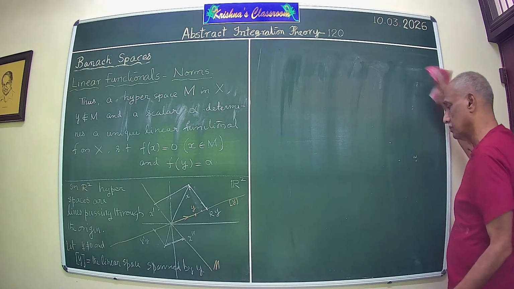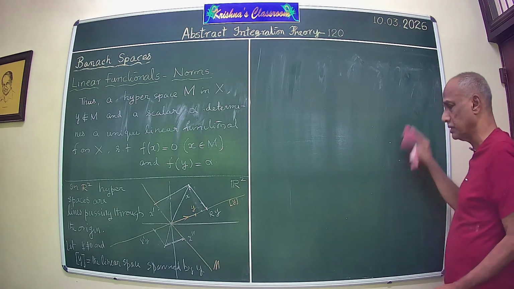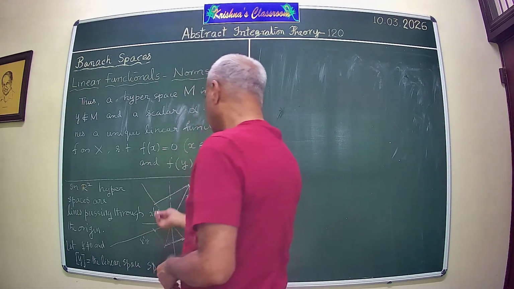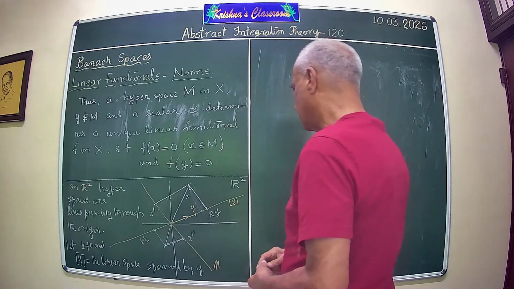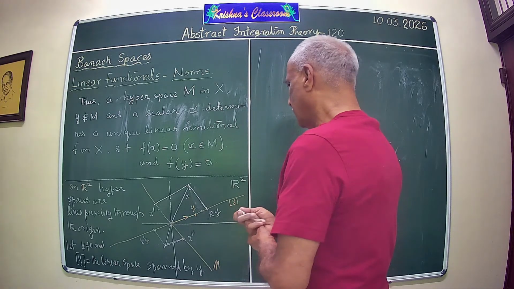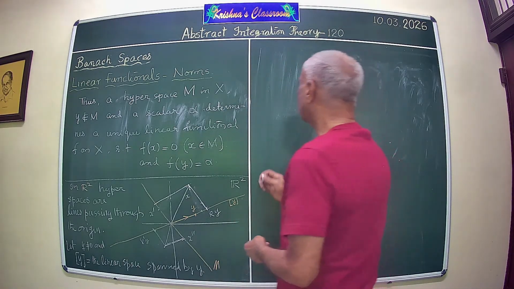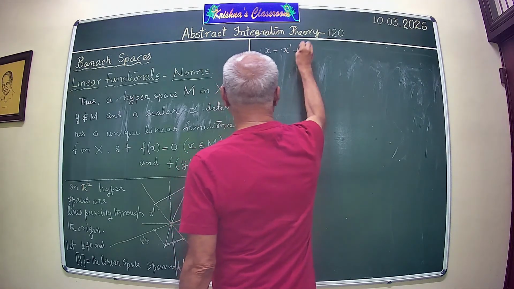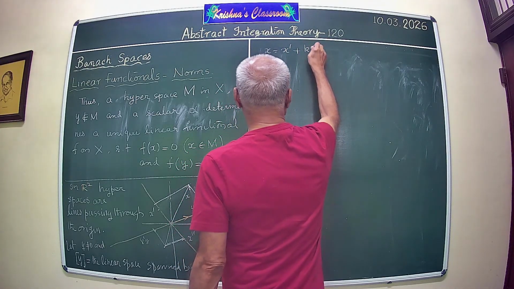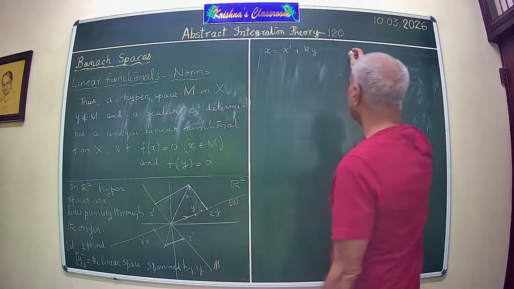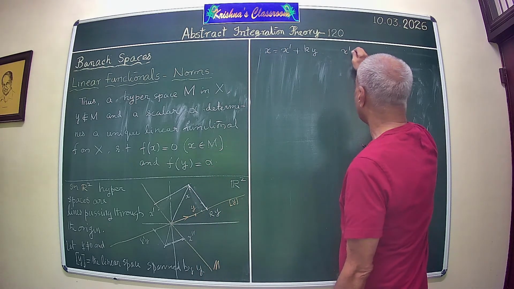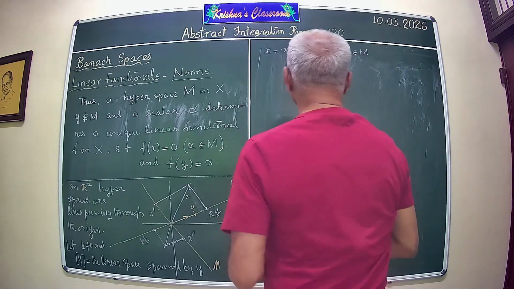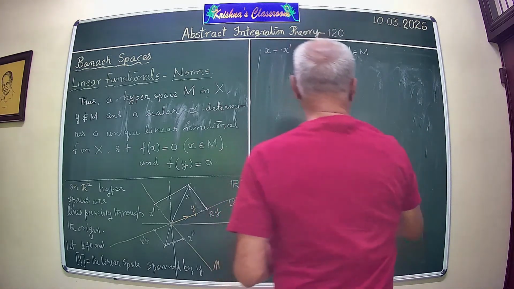And you want M to be the null space of f, which means that f of x prime has to be 0. And then f of x is equal to f of x prime plus ky, where x prime belongs to M, and k.